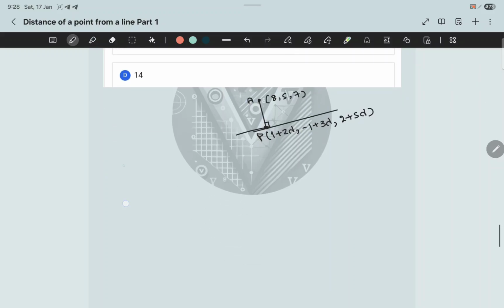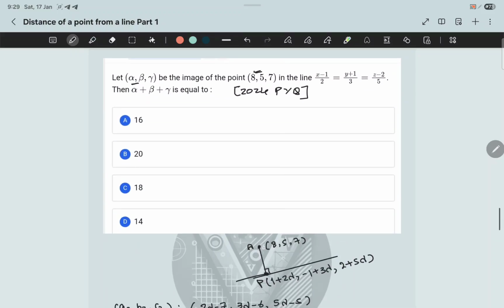How do you find point P? We use direction a2 b2 c2. Here they are nothing but 1 plus 2 lambda minus 8, which is 2 lambda minus 7, minus 1 plus 3 lambda minus 5, so that will be 3 lambda minus 6, 2 plus 5 lambda minus 7, that will be 5 lambda minus 5. And a1 b1 c1 are nothing but 2 3 5.